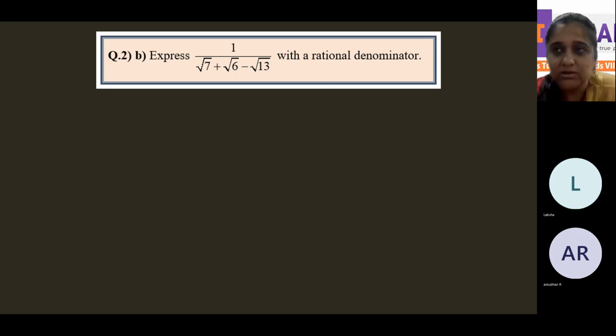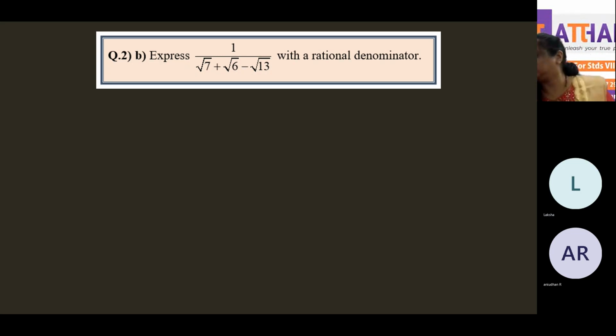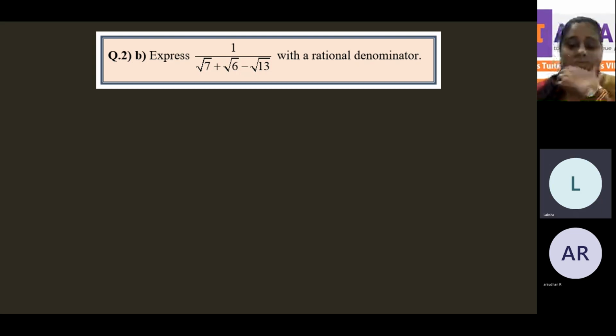Last step, can you read out your answer?